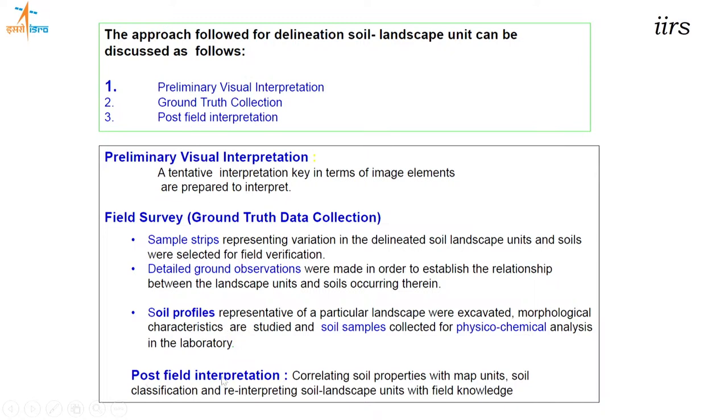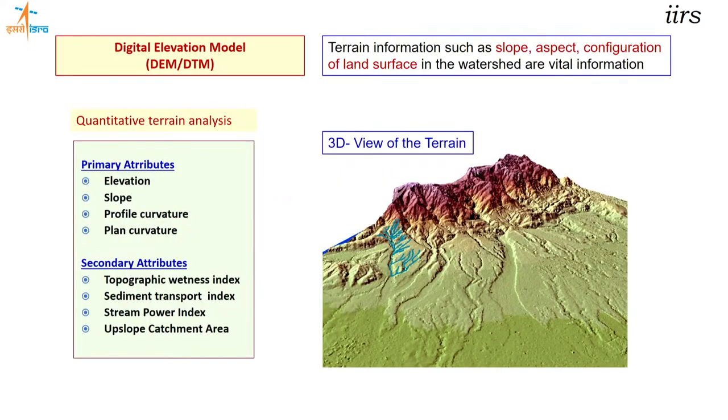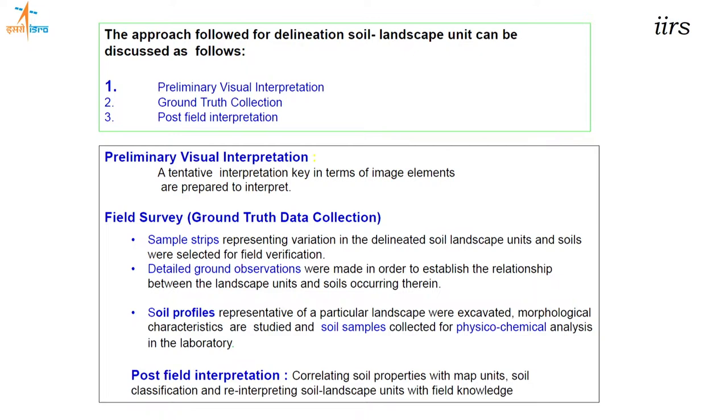Come to the office, analyze the soil's chemical and physical properties, and then prepare the table showing map units and soil properties. Okay, so this is a very important part of how to study the soils, to map the soil, not the profile but where to take the soil samples to characterize the soil properties.